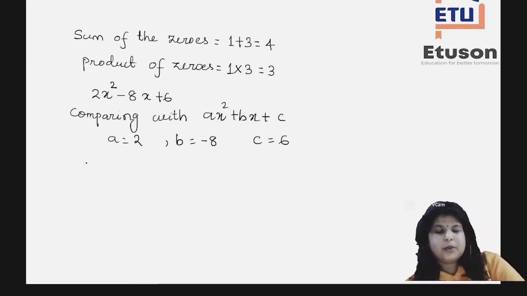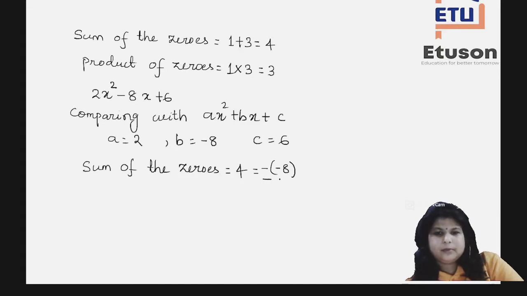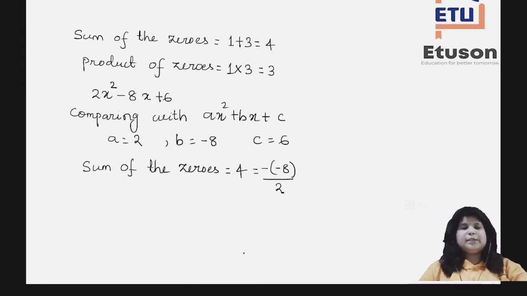So now can I write the sum of the zeros, which is found out to be 4, in this form, that is minus of minus 8 divided by 2, because 4 is equal to 8 by 2. Correct? Which is nothing but equal to 4.